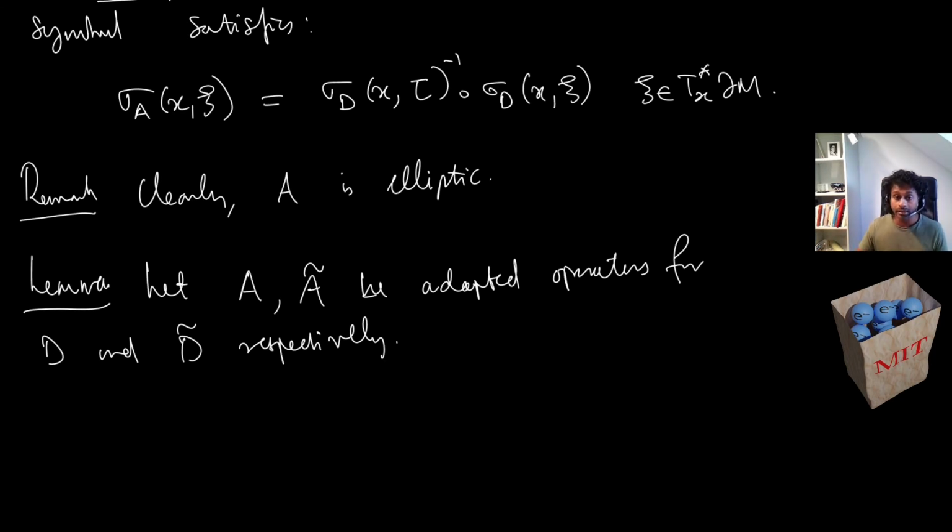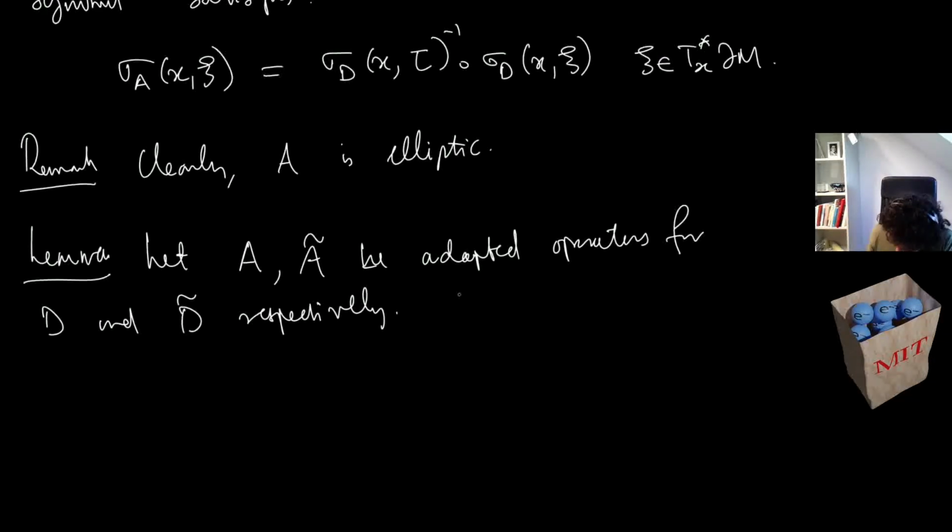We're not extracting them in some way. The calculation that I did earlier was just to arrive at the right principal symbol condition. But now we're saying, just give me A and A tilde, which are adapted operators for the boundary. Clearly, with the expression that I wrote before, they exist. But here they can be any adapted operators.